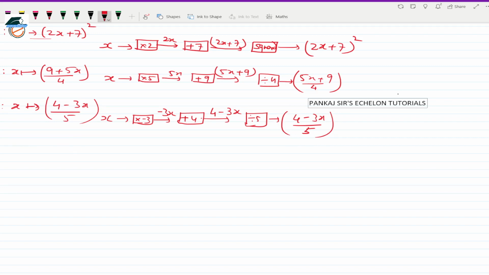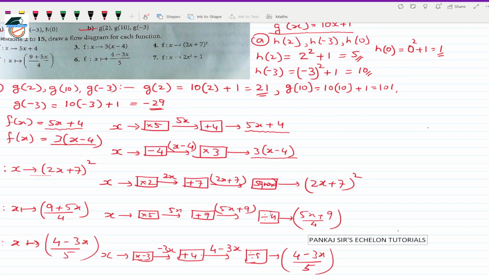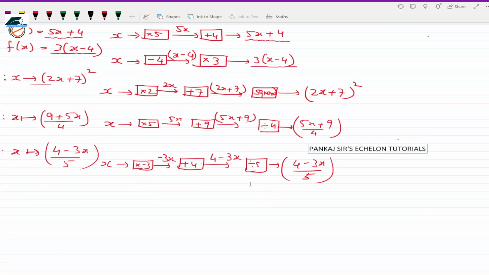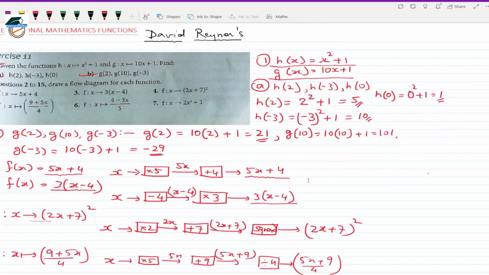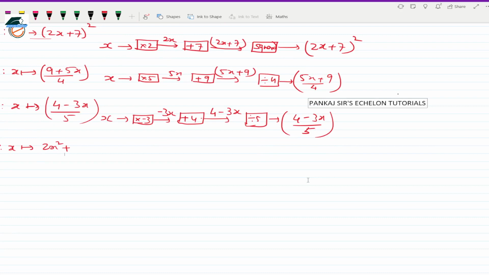Then last is question number 7. And 7 is 2x square plus 1. So the function is 2x square plus 1, I suppose. Yeah. Okay.